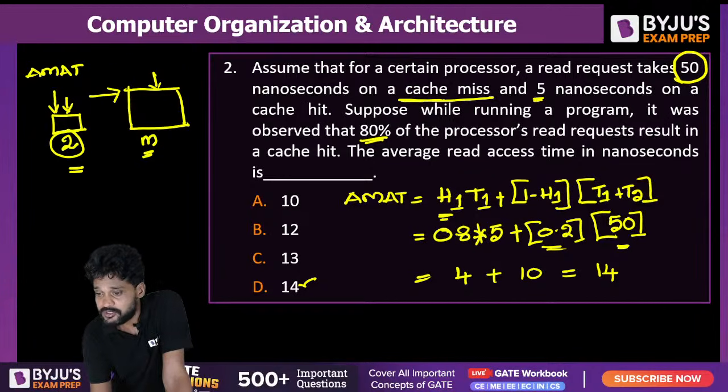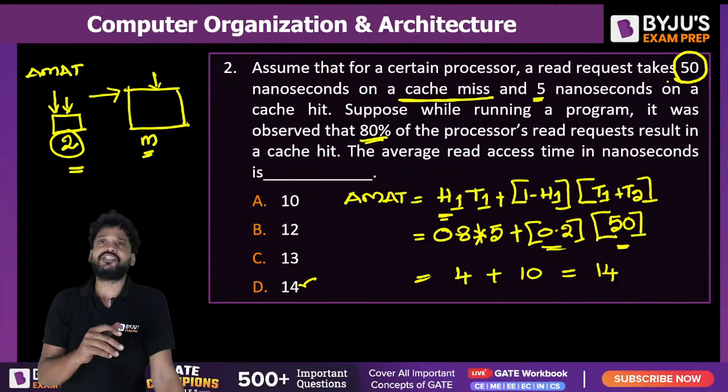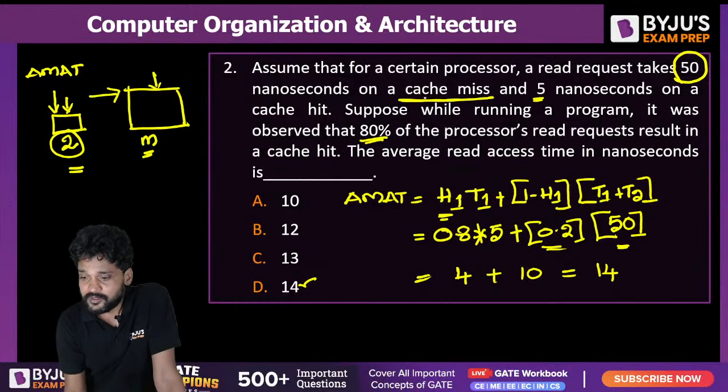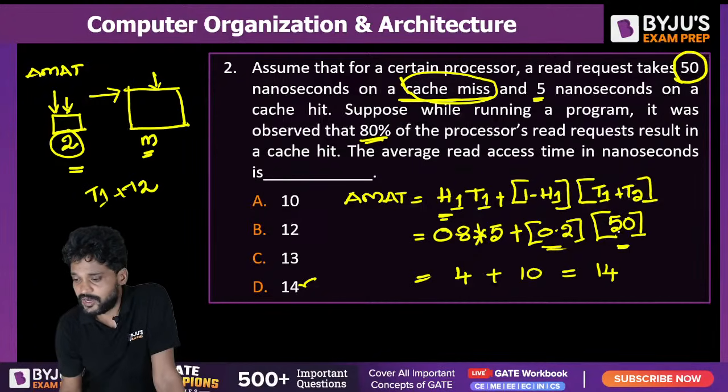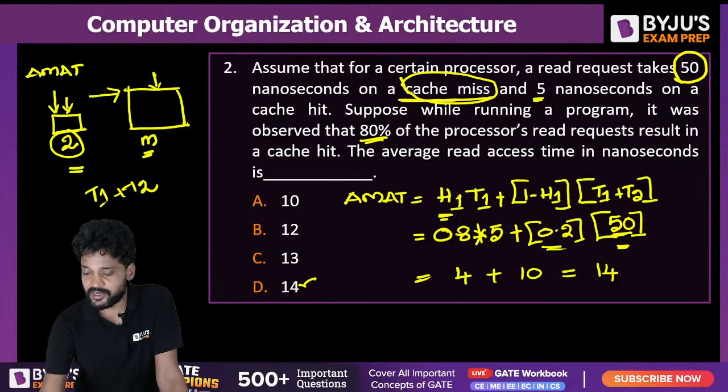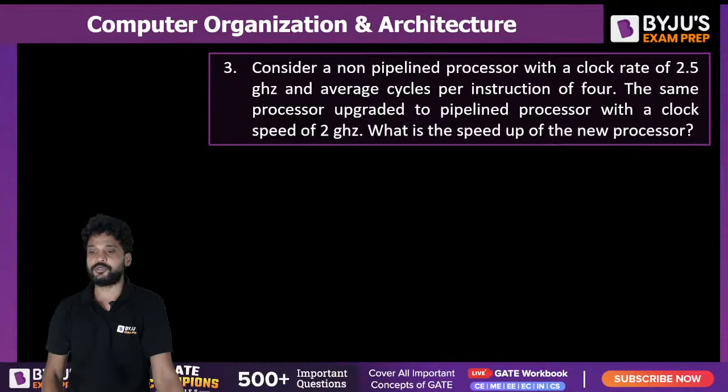During a cache miss, total access time is equal to 50 nanoseconds. That means this 50 nanoseconds includes both T1 plus T2. This is the very reason why I directly put 50 nanoseconds there. So this is how we get to the answer. 14 is the correct option.